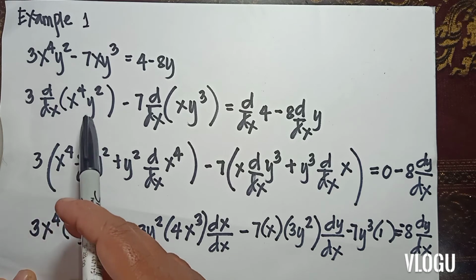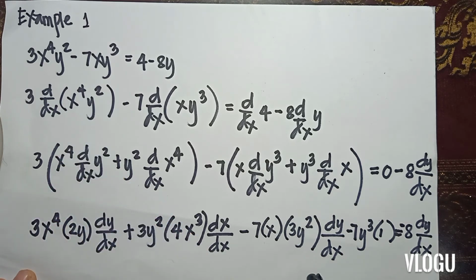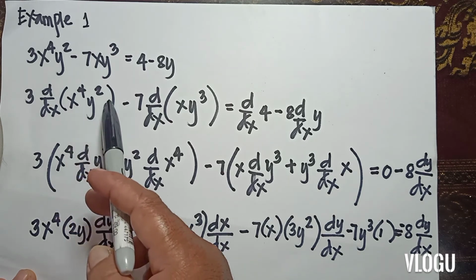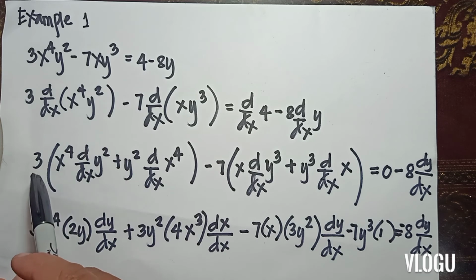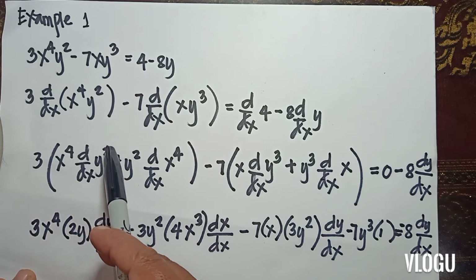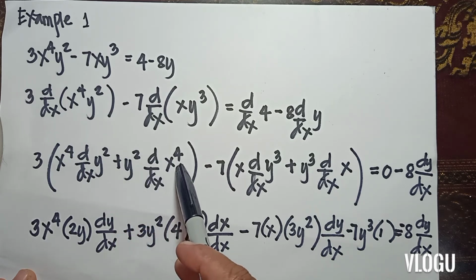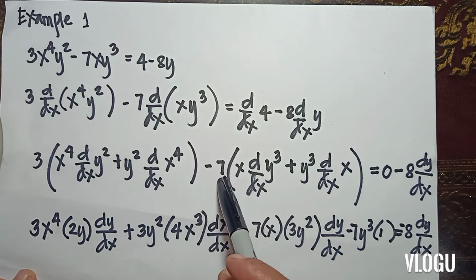So we have here x to the 4th y squared, that is a product, so we are going to use the product rule for this one. We have 3x to the 4th d/dx of y squared plus y squared d/dx of x to the 4th, minus 7.